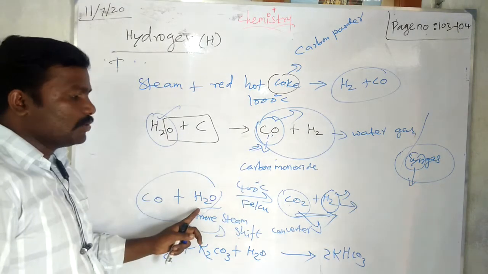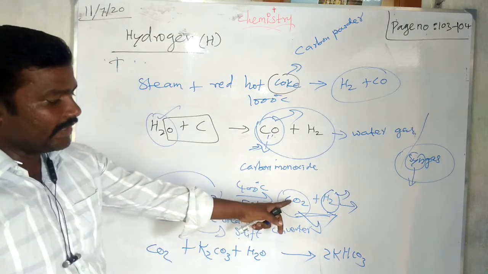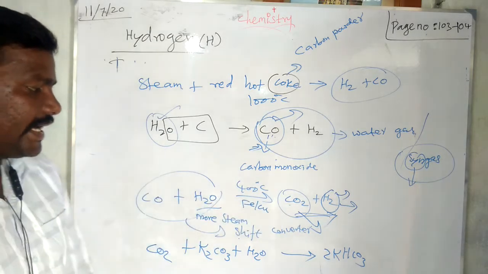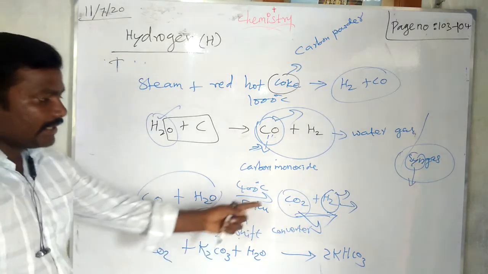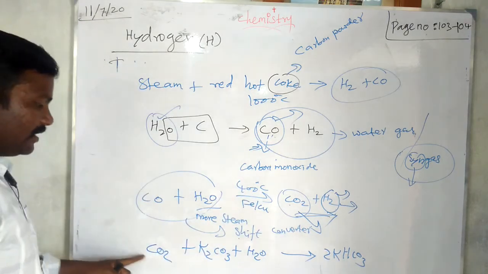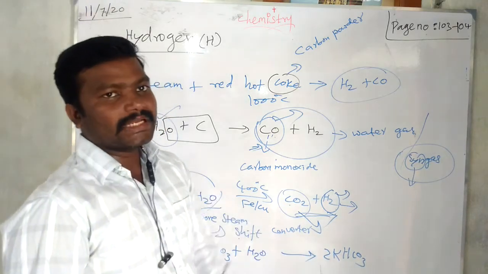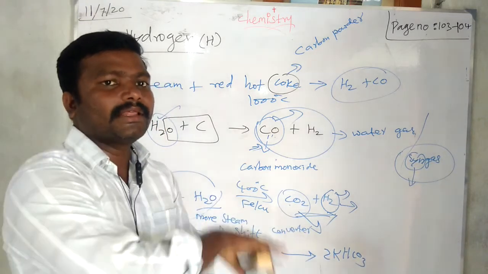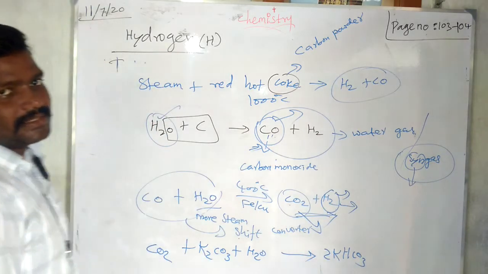For that we are using excess steam. With this condition we will get carbon dioxide and hydrogen gas. This is called water gas shift reaction. Here we want to remove the carbon dioxide. By absorbing the carbon dioxide, we are using the solution of potassium carbonate. It will form potassium bicarbonate salt. Then we can remove it. So remaining we will get only hydrogen gas, right?